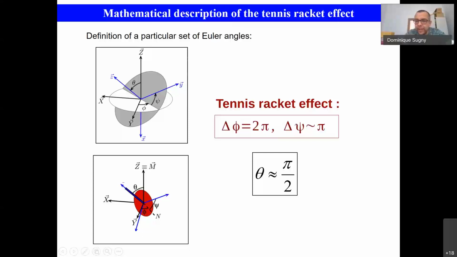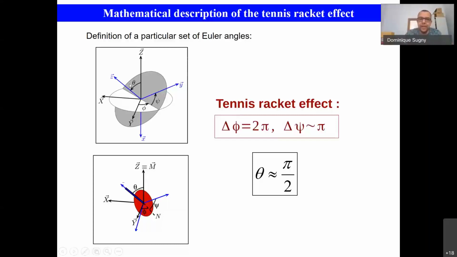For a tennis racket effect, with this choice of Euler angles, we have the following relation: we can show that theta is of the order of pi over 2, almost constant along the tennis racket effect trajectory.